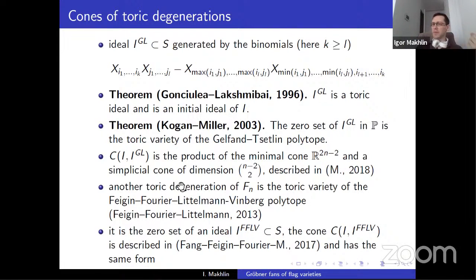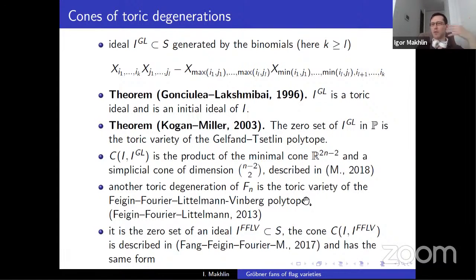And there is perhaps just one other toric degeneration of the flag variety, at the moment, which is as explicit. This is the toric variety associated with the Feigin-Fourier-Littelmann-Vinberg polytope, usually called the FFLV polytope. So this was proved by Evgeny and Ghislain and Peter Littelmann quite a while ago.